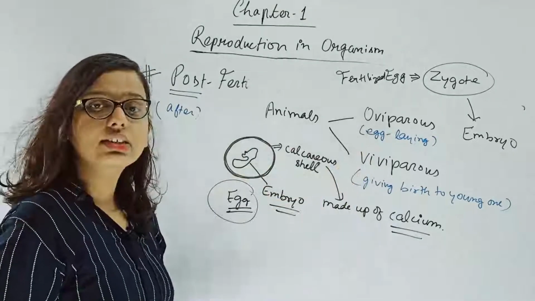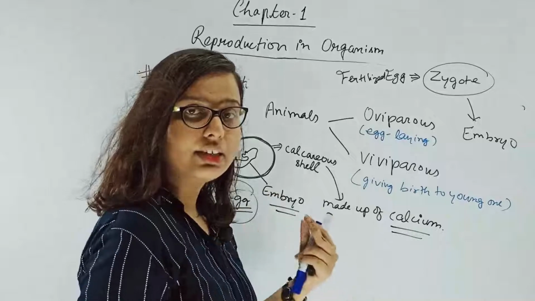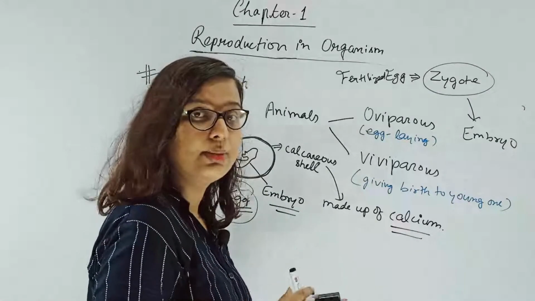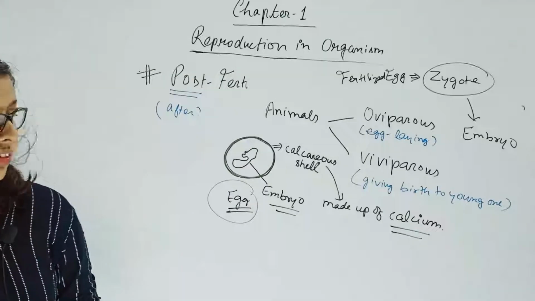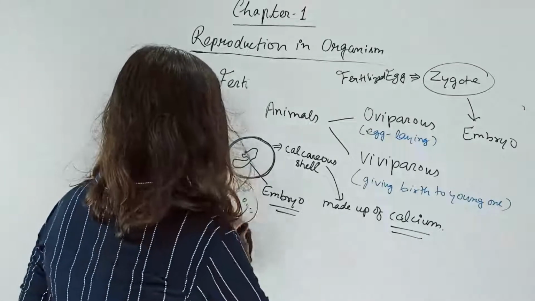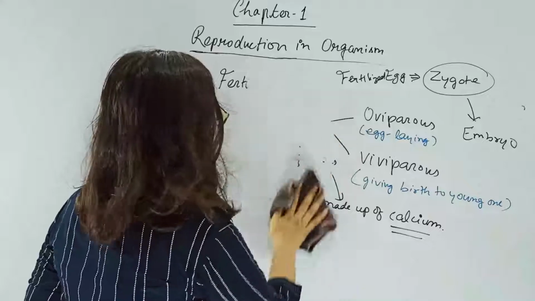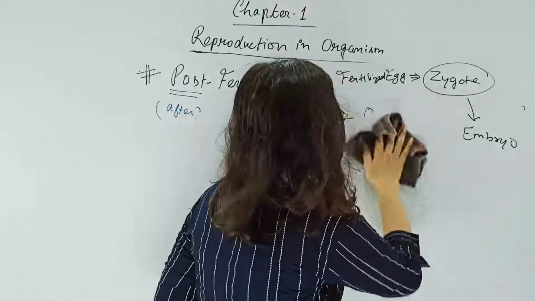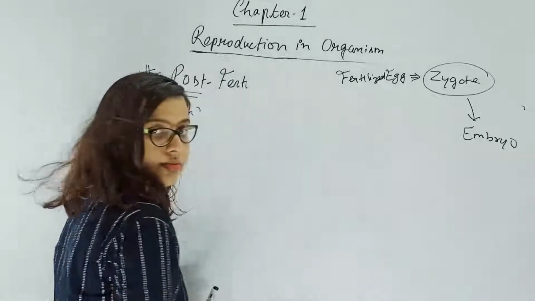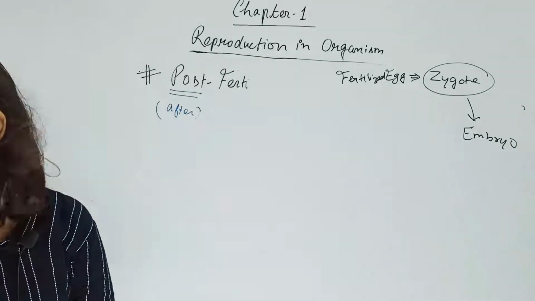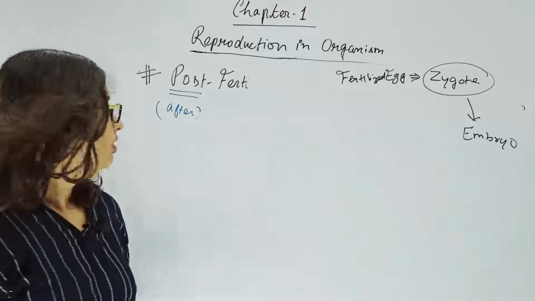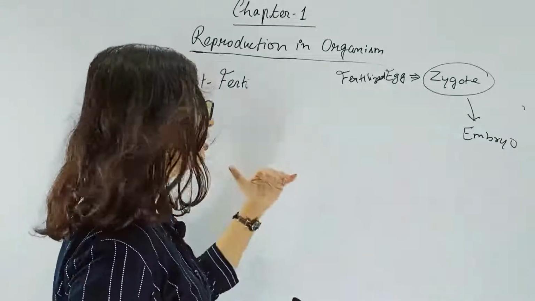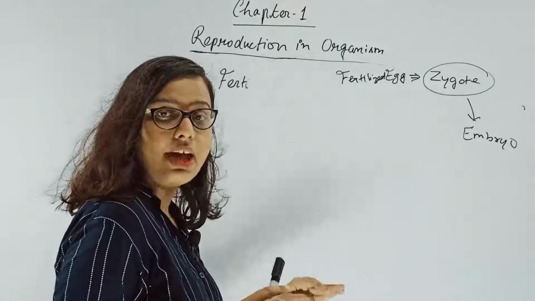In a viviparous organism, the formation of the complete young one happens inside the female body. So this was about the post-fertilization events in case of animals, which happen through oviparity or viviparity.